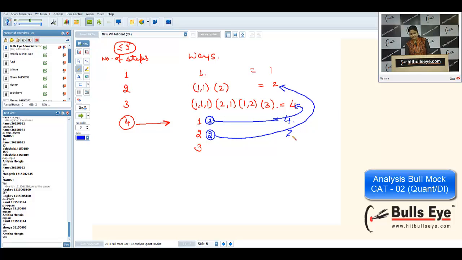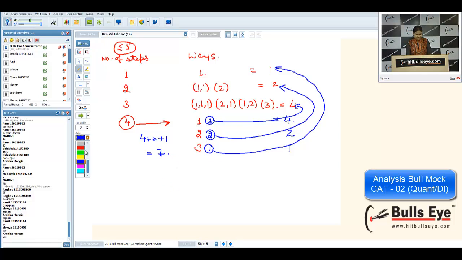If I take 3 steps, I'll be left with only 1 step, which can be climbed in 1 way. So the cases are 4 plus 2 plus 1, which is 7.